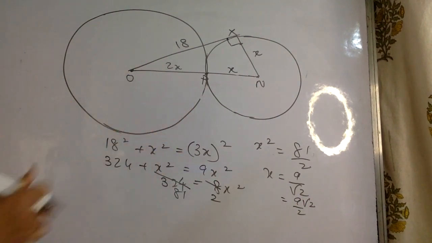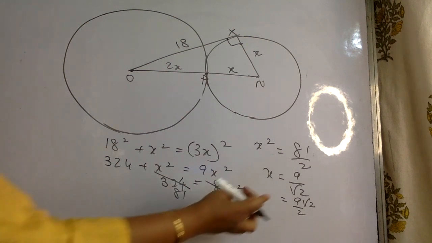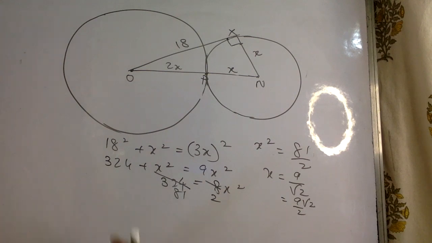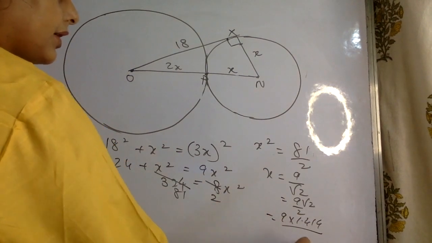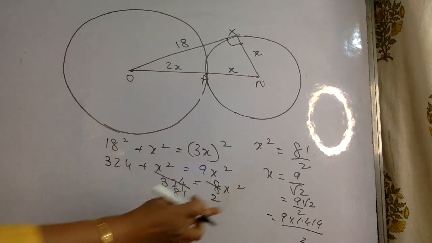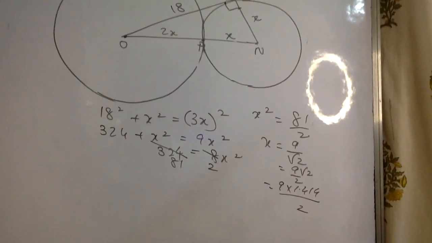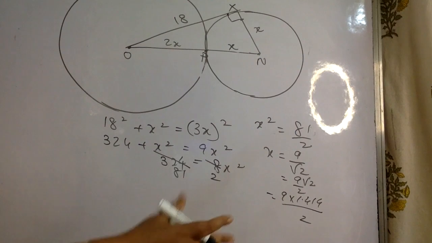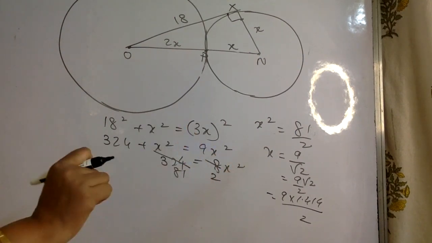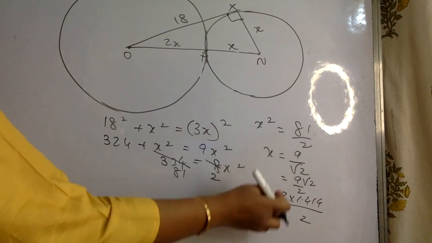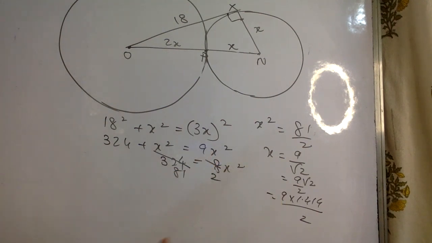I am giving all the possible forms of the answer because in the MCQs they can give you in this form, or in this form, or they can also give 9 into 1.414 divided by 2 and all. So they can multiply this and divide by 2 and give you a number. We have to check the options carefully because any of these three forms can be put in the options.